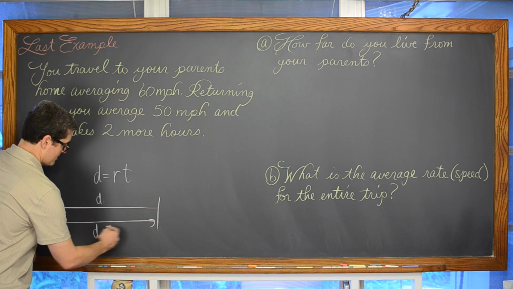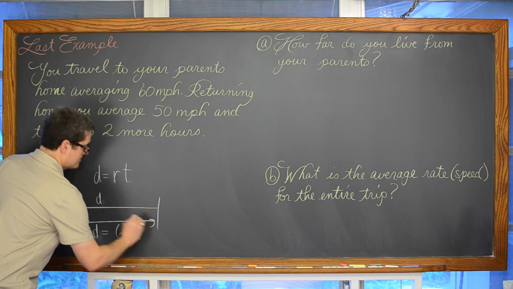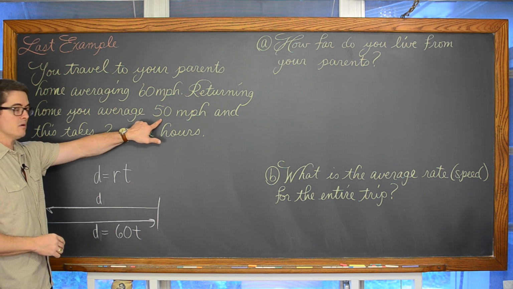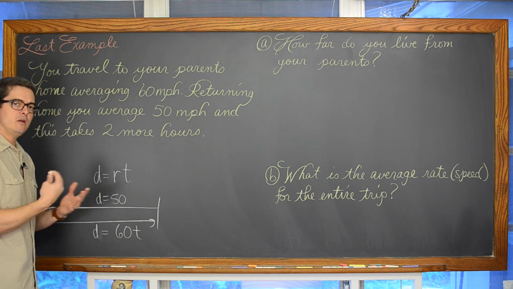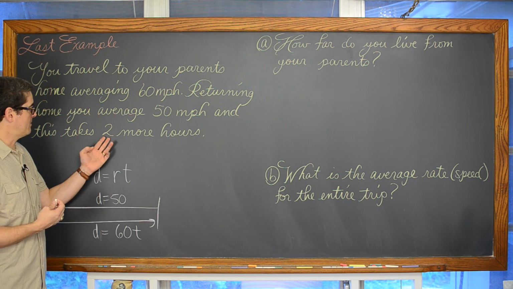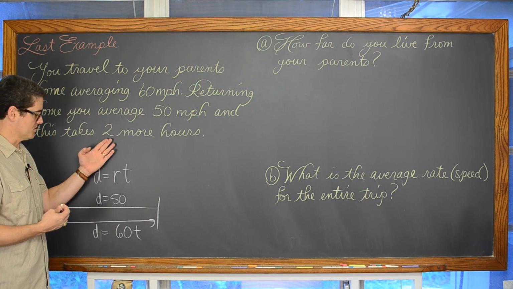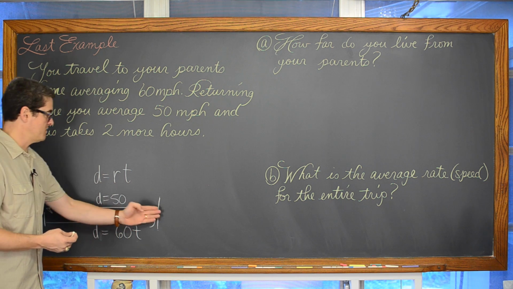But going this way is equal to 60 times t. And then when you head back, you go a little bit slower, so your rate is going to be 50. And now here you are being told something about the time it takes. Coming home, it's 2 more hours. Well, 2 more hours than what? It's 2 more hours than from your house to your parents.